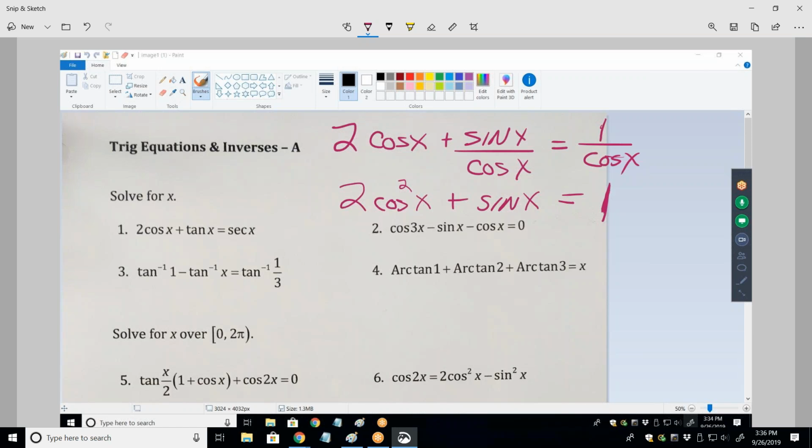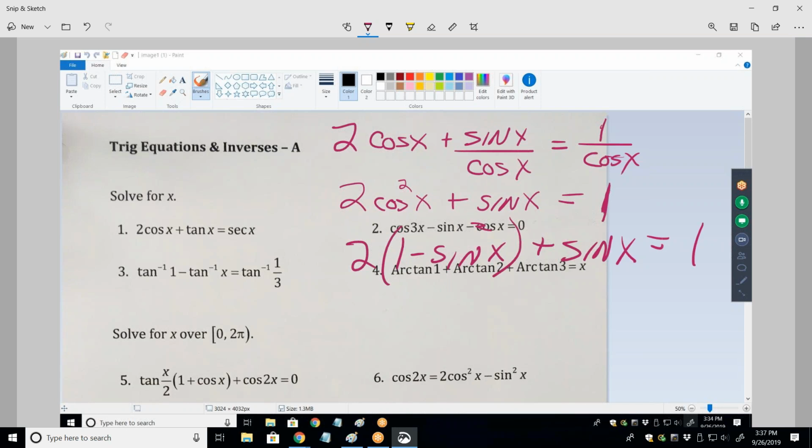If I use 1 minus sine squared in place of cosine squared, that's the identity for cosine squared. The reason I'm doing that is because now I have everything in sine x, and it's really a quadratic.